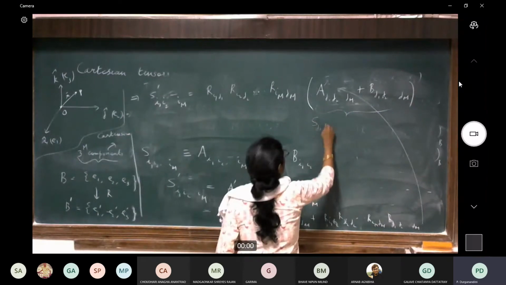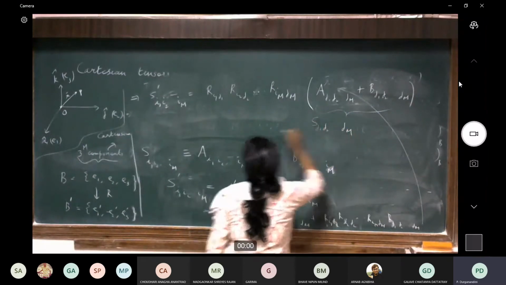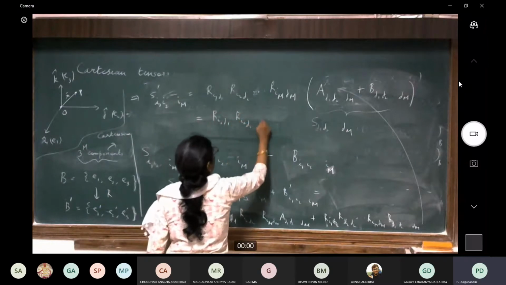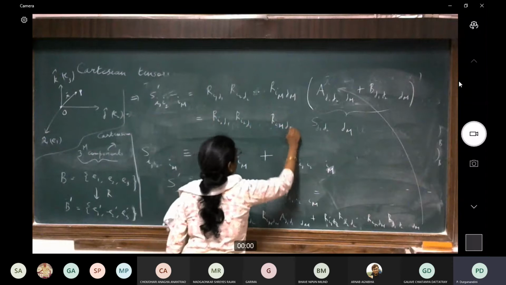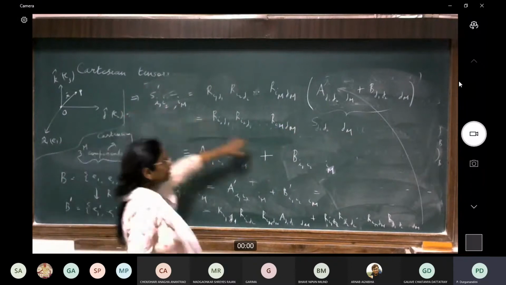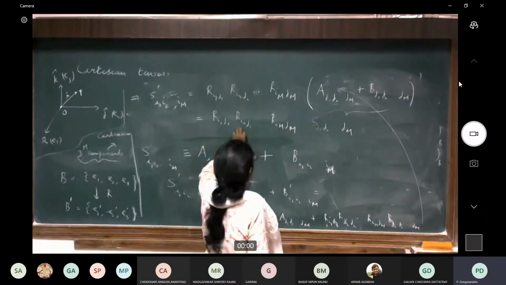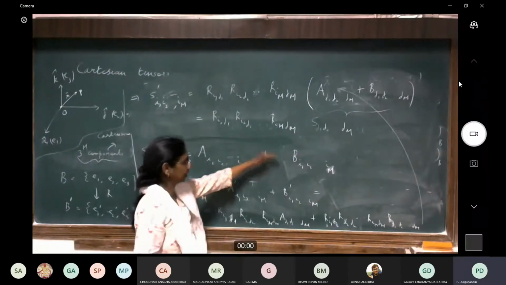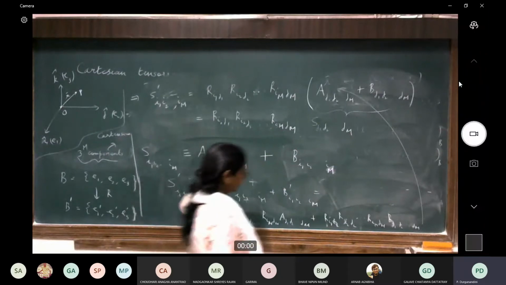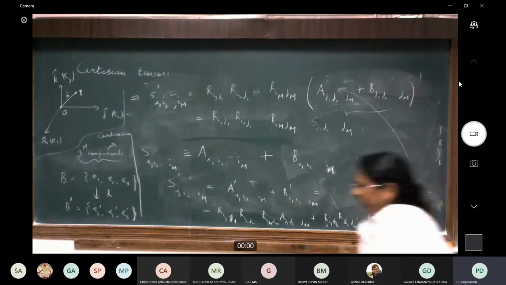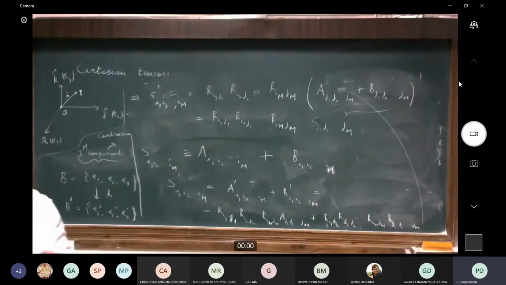So this gives me S J1, J2, Jm, and I have here R I1, J1, J2. Or in other words, your S prime I1, I2, Im transforms as Ri1,J1, Ri2,J2, Rim,Jm times S J1, J2, Jm. Or if I define this object like this, it tells me that this quantity transforms like a tensor again, a tensor of rank M. So therefore, I can add two tensors of the same order, and what I will get is another tensor of the same order.